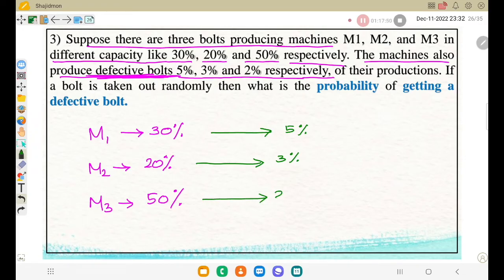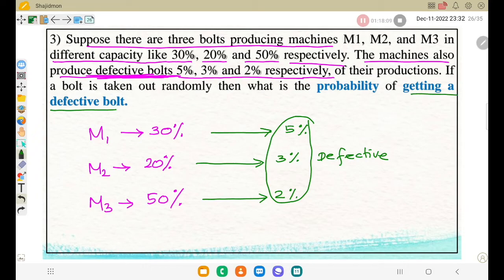And from machine 3, 2% of production are defective bolts. These are defective, correct? Defective bolts in the production. So if a bolt is taken randomly, one bolt you have taken randomly, what is the probability of getting a defective bolt? That is the question here.